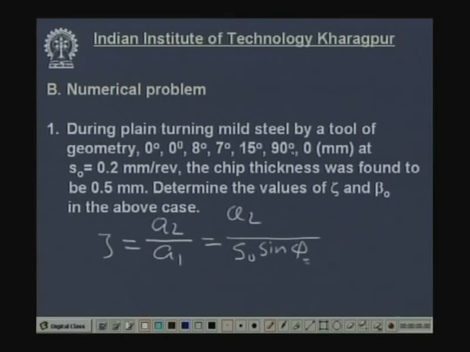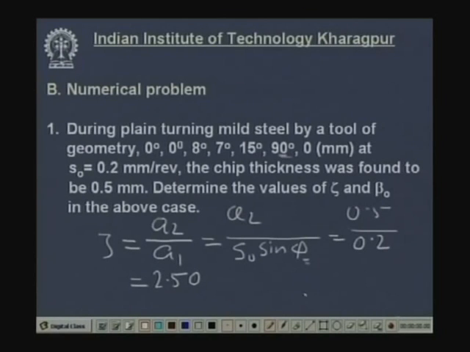Phi is 90 degree, so sin phi is 1. So, A2 by S0. A2 is given as 0.5 and S0 is given as 0.2. So, zeta is 2.5, greater than 1.